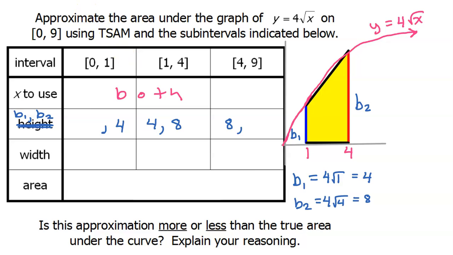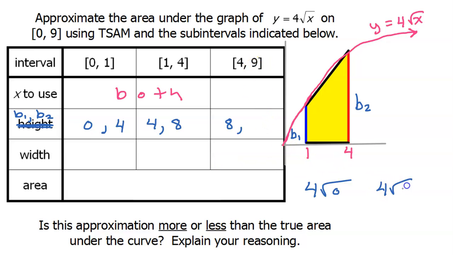Okay, so what is the height of the function at 0? Well, that's just going to be 4 times the square root of 0. So that's going to be 0. What is the height of the function at 9? That's going to be 4 times the square root of 9. That's 4 times 3. That is 12. Okay, so we have base 1, base 2 for all 3 trapezoids.